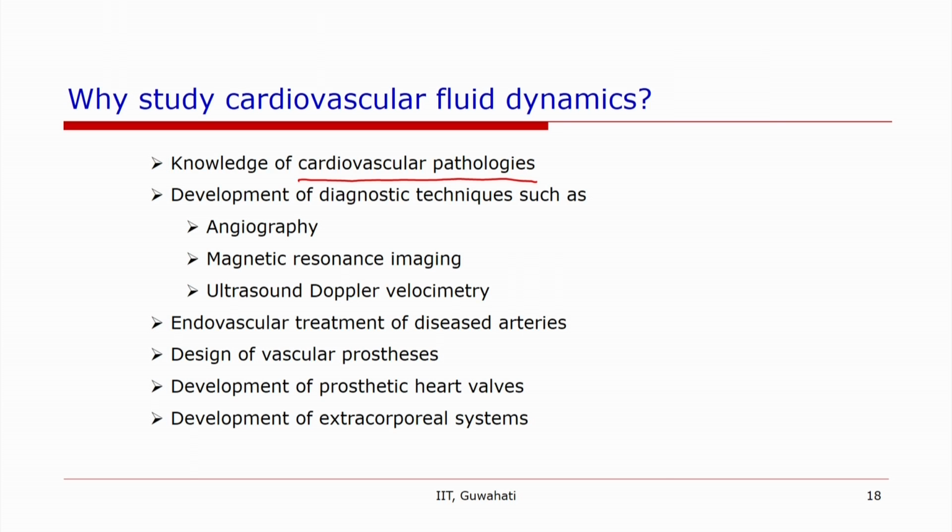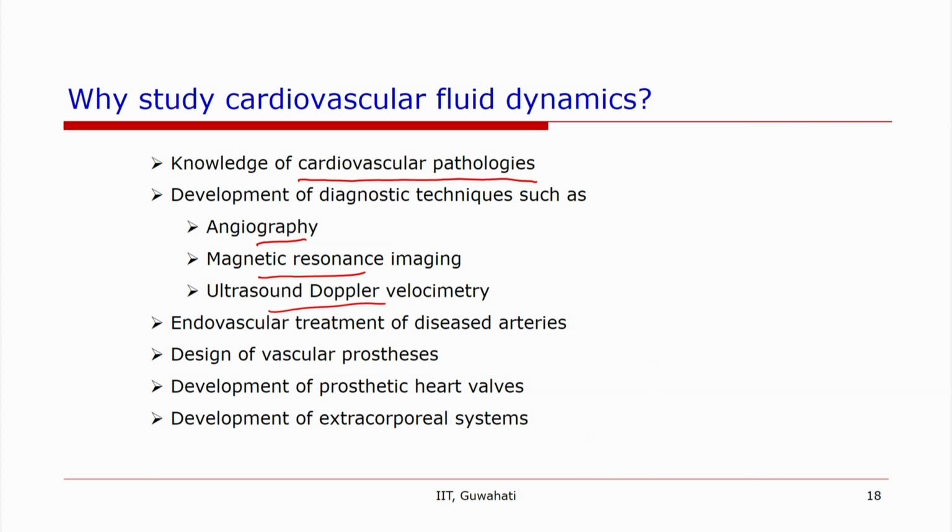This is done by different techniques: angiography, MRI, or ultrasound Doppler velocimetry. To develop these techniques and use them clinically, one needs to understand the flow behavior in normal conditions as well as in disease conditions.